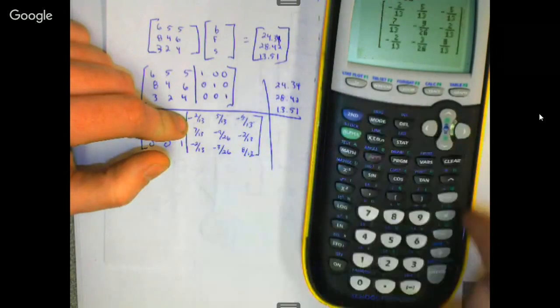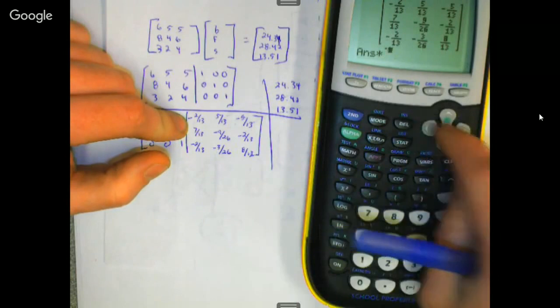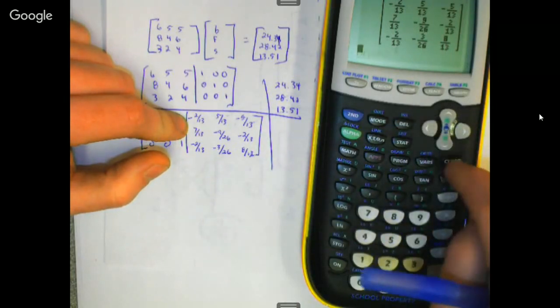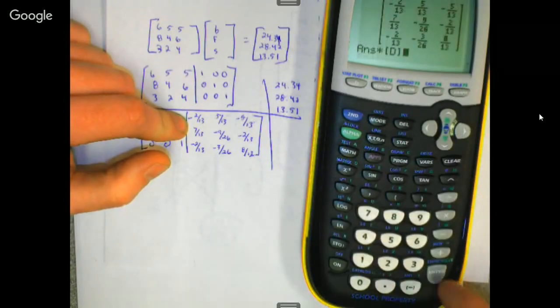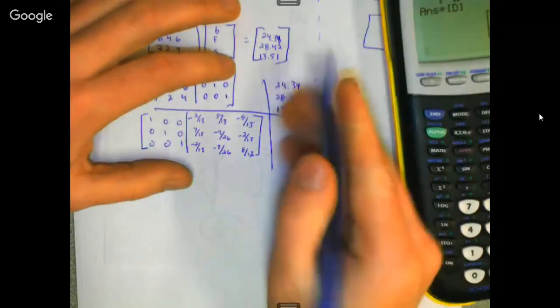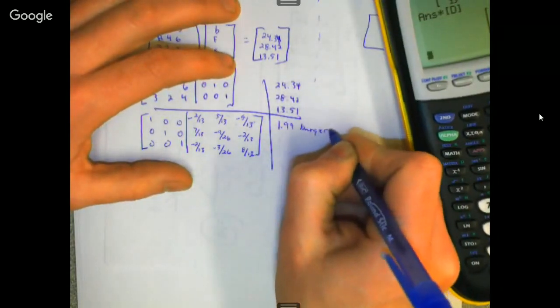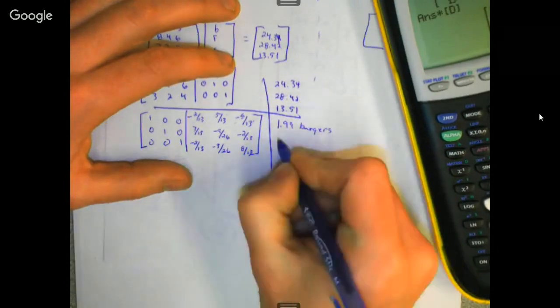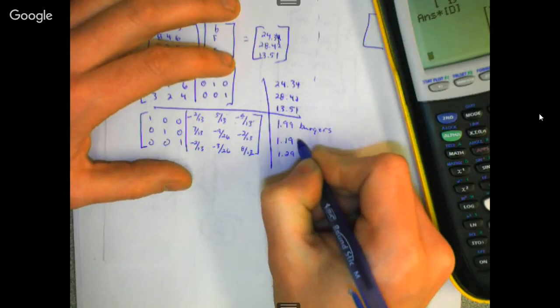So then we'll take that answer times my D matrix, and I get that right there. So $1.99 and $1.19 and $1.29.